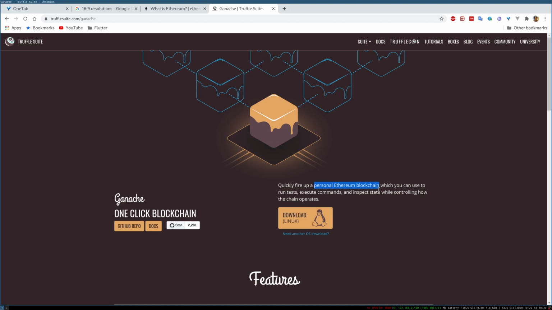But on your personal Ethereum blockchain, you will only have the transactions and the code that you have put into there, right? And you also make the mining difficulty for generating new blocks extremely low, so that it's very easy for your own computer to create new blocks.